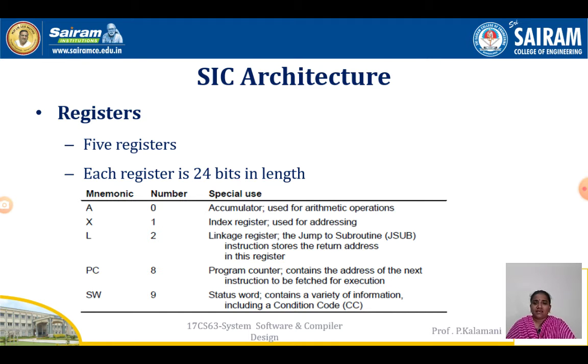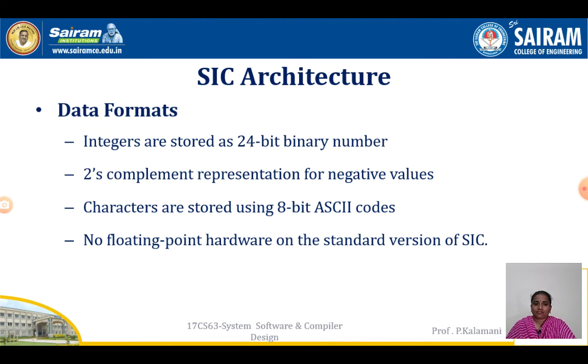Next we will see data formats of SIC. We know that we are having primarily integer data, character data and floating point data. We will see one by one what data format is used. For integer data, 24-bit binary representation is used.